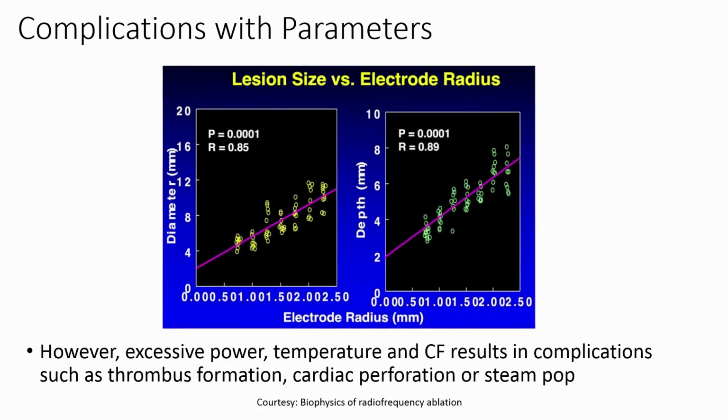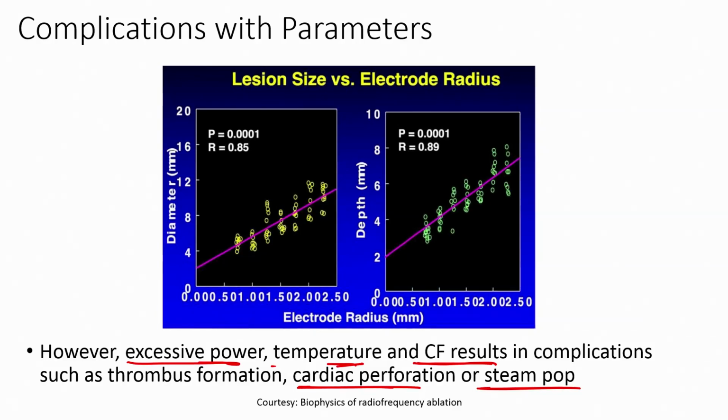Now, you can see here excessive power, temperature and CF, contact force, result in complications such as thrombus formation, cardiac perforation or steam pop. So, it is very important that excessive power is not okay, excessive temperature is not okay, and optimum contact force is important, otherwise there will be formation of steam pops, cardiac perforation or thrombus formation.